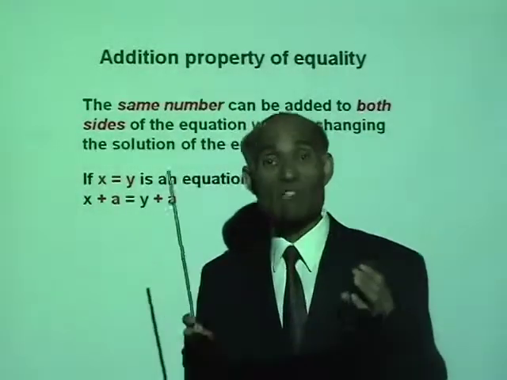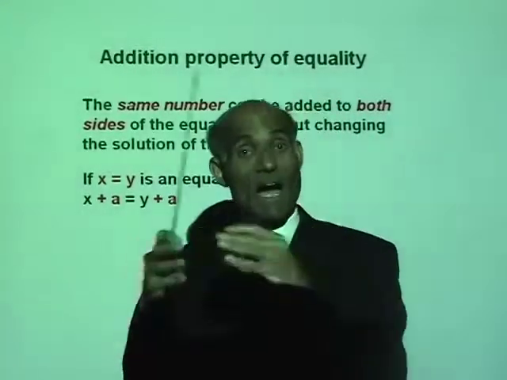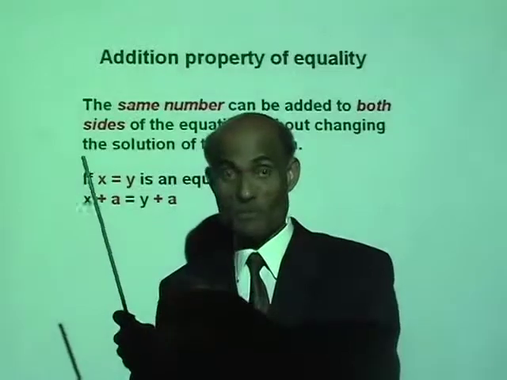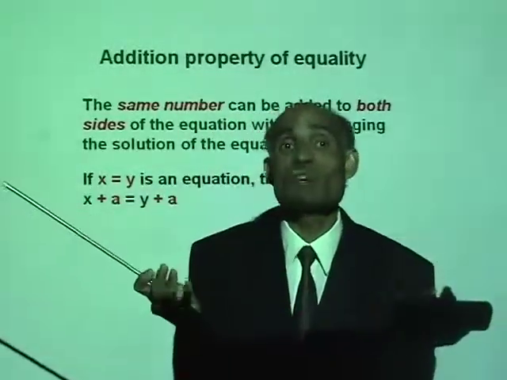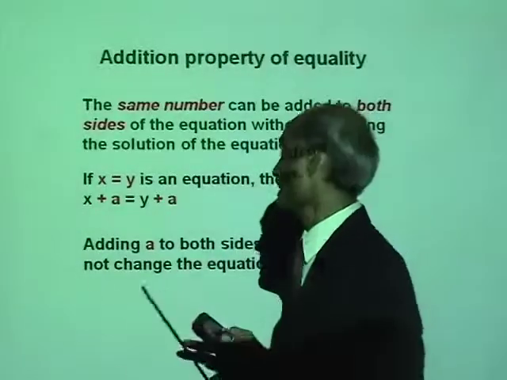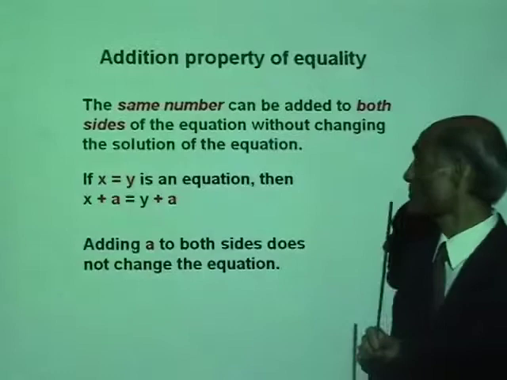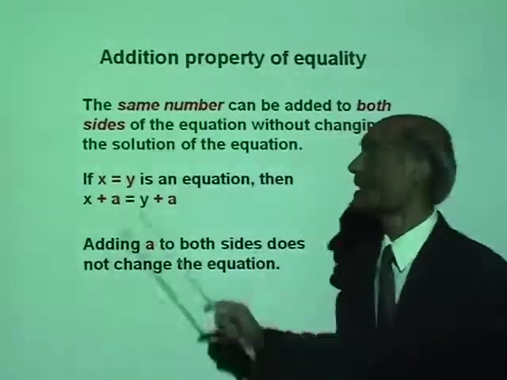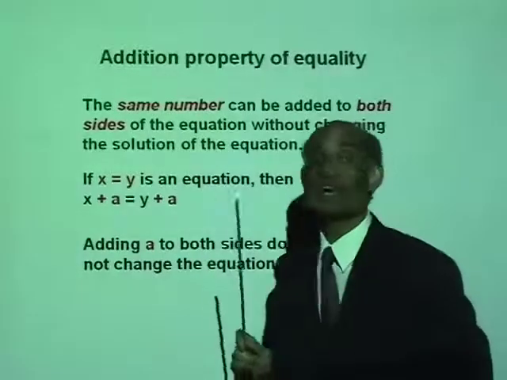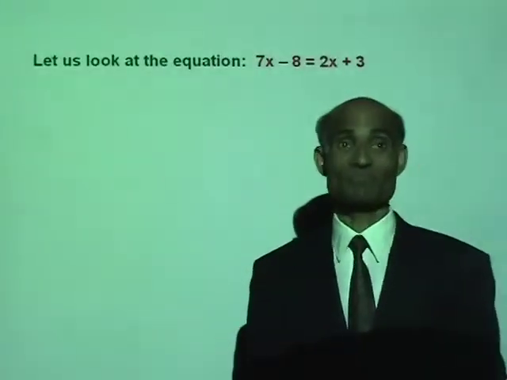So you can actually add the same number to the left and right at the same time. You need to do it on both sides in order to keep the equation the same. So adding a to both sides of the equation does not change the equation. And that is what we call addition property of equality.